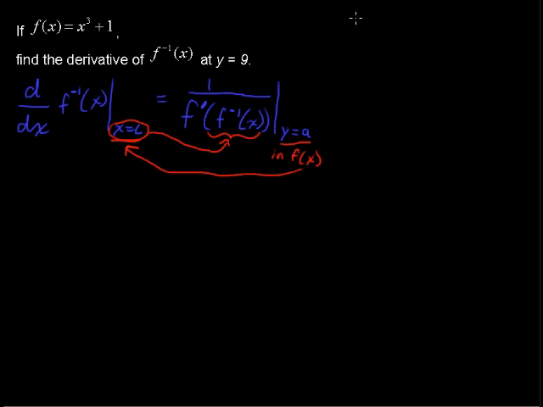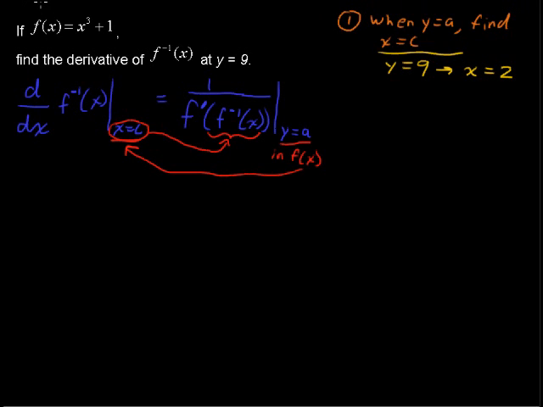Okay, so let's walk through the steps here. Let's put them in orange. The first step is find the corresponding x. So when y equals a, find the corresponding x equals c. So in our example, we have y equals 9, and it follows that x equals 2.